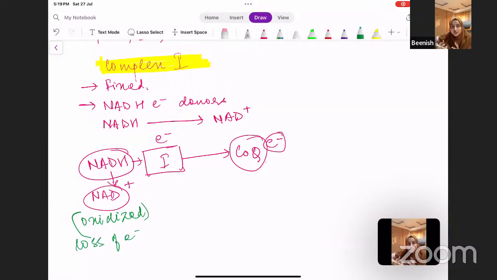So your NADH is getting oxidized, and your coenzyme Q is gaining electrons. Gain of electrons is reduction, so we say coenzyme Q is getting reduced.